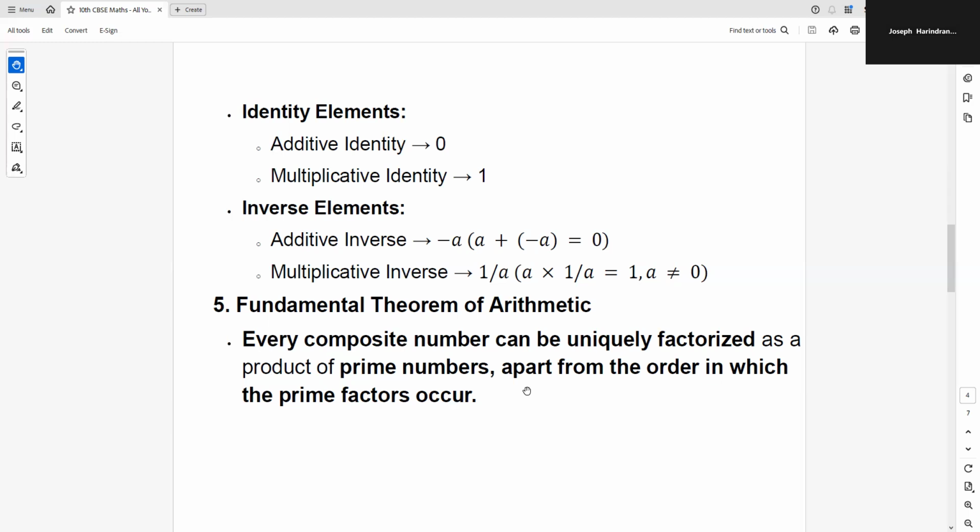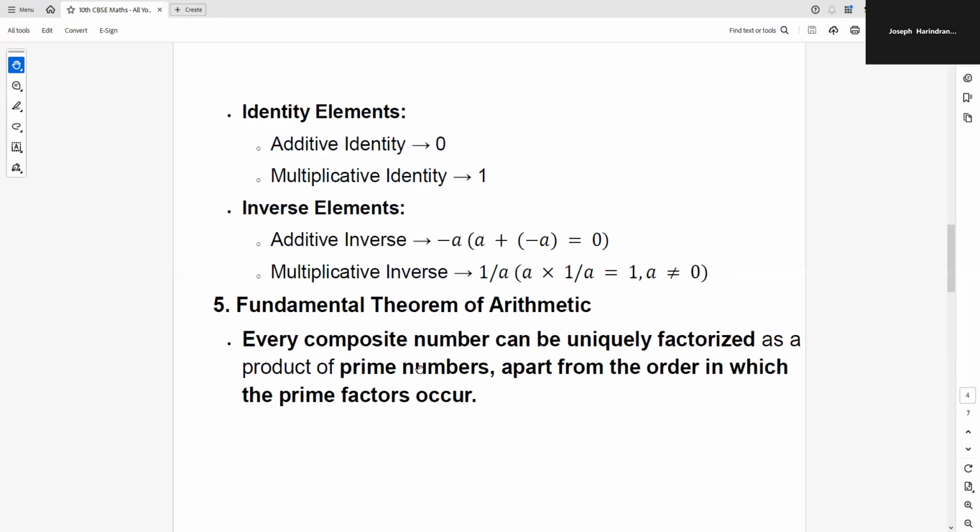It can either be written as 2 into 3 or 3 into 2. Doesn't matter. But it will have only 2 and 3 as its factors. There are no other factors. Like that, any composite number can be factorized uniquely. The prime factorization of any composite number is unique. That is the meaning of this.